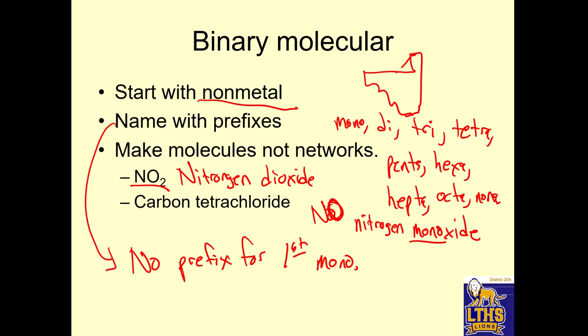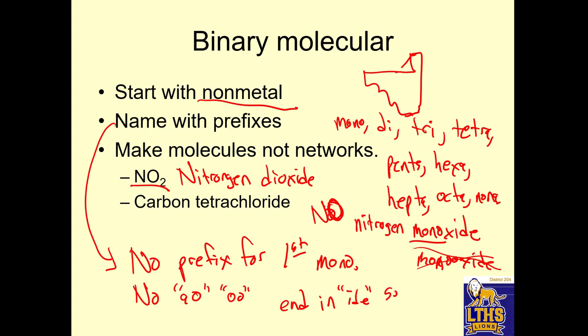Okay? Now notice, you never have "oo" or "ao" together. So for example, this is monoxide, not "monooxide." This is wrong. No double O. And the last part is it has to end in "ide" and sound good.